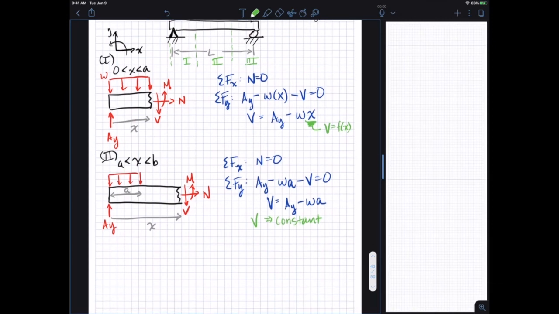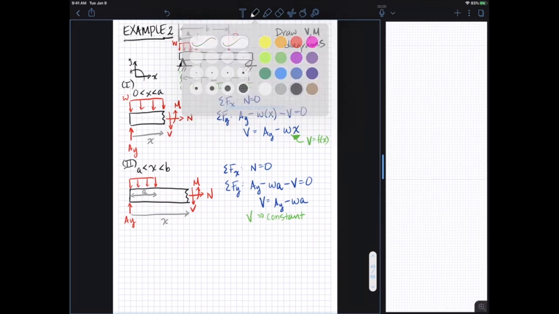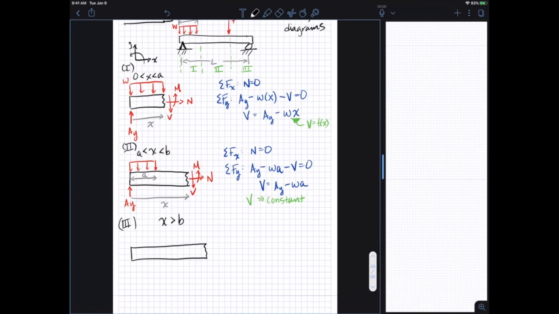And now let's look at what's happening beyond B. So we'll draw one more, section 3, and look at what happens when X is greater than B. Again, we still have the full distributed load.